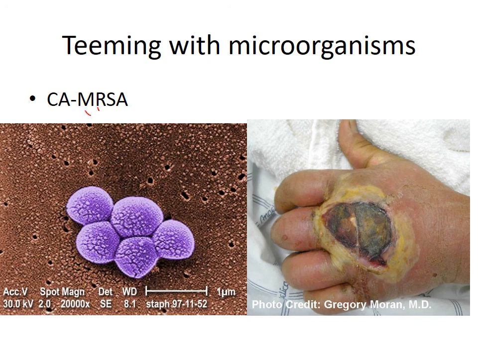You can even acquire methicillin-resistant Staphylococcus aureus, which is one of the deadliest types of bacterial infections that kills people in hospital settings and such. The CA here stands for community acquired, which means that you didn't get this infection from a hospital, you got this from out in the environment somewhere.